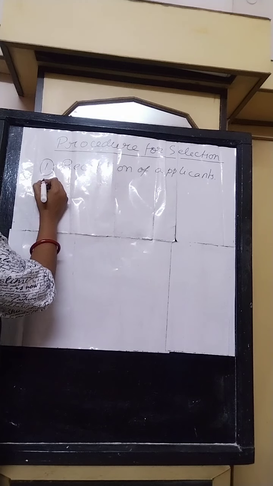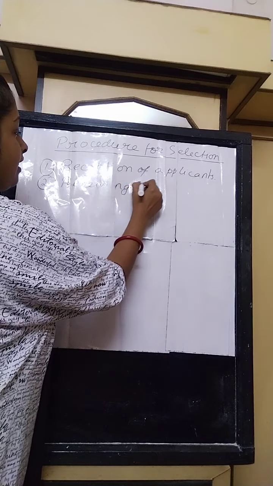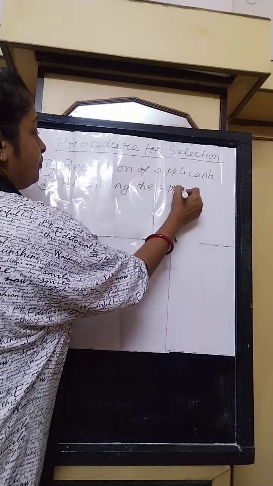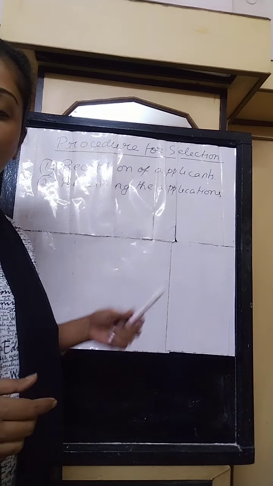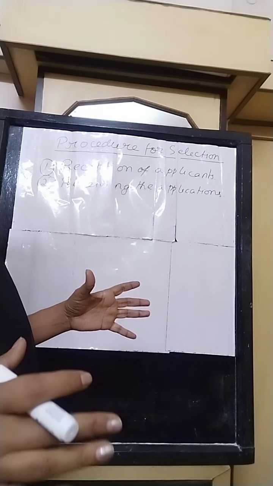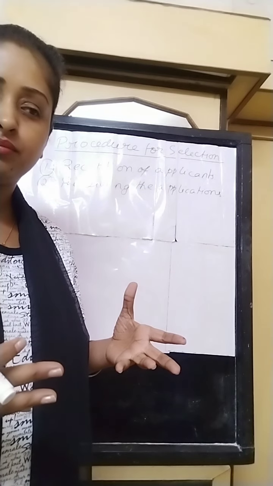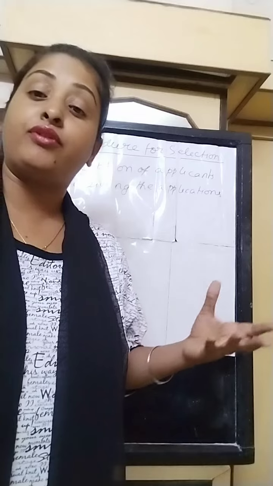The second step is receiving the applications that are brought by the applicants or candidates. The receptionist in the personnel department gives information about new openings to the visitors and receives the different applications from the candidates. The third step is this: the recruitment process gives a lot of advertisements, and from these advertisements a labor force comes from different sources.